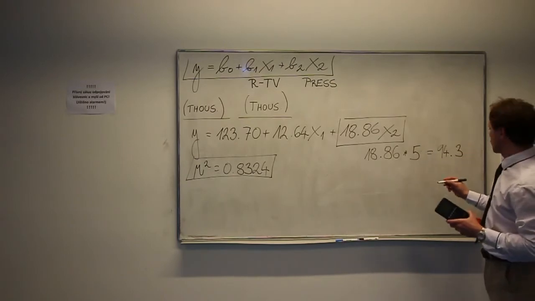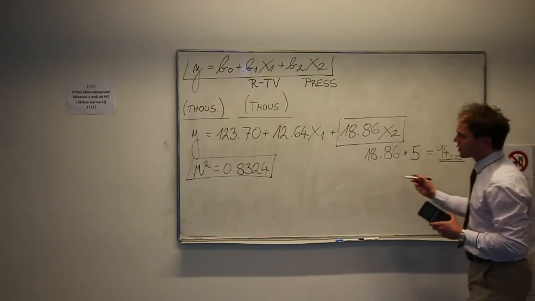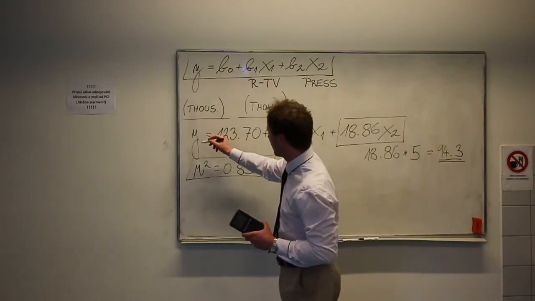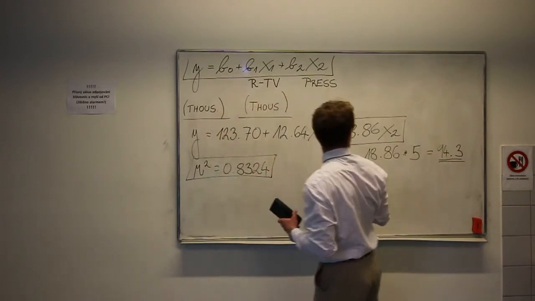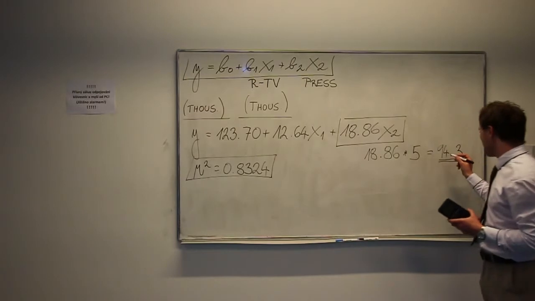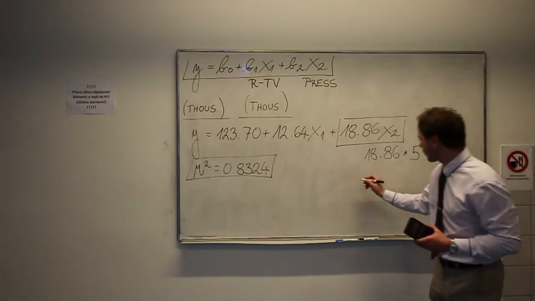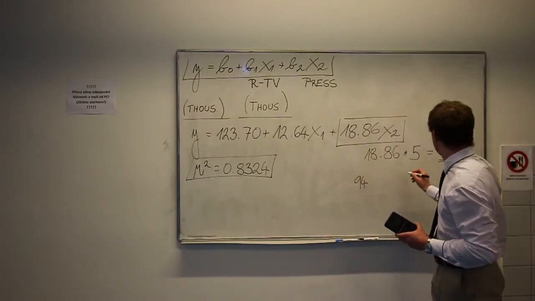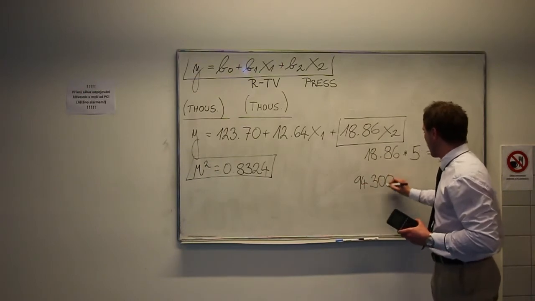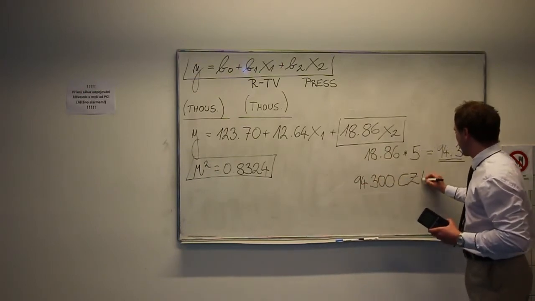94.3. So the result is that sales will be higher by, this is in thousands, 94,300 Czech crowns.